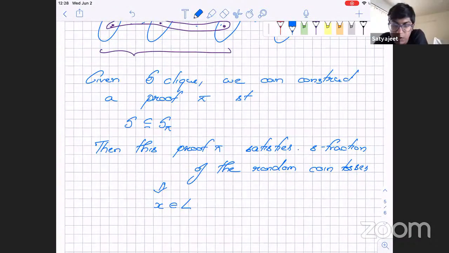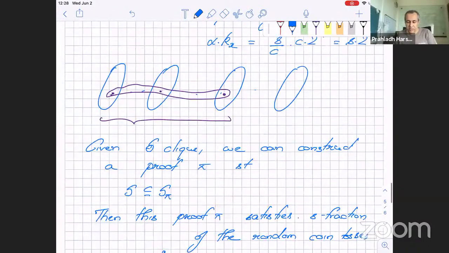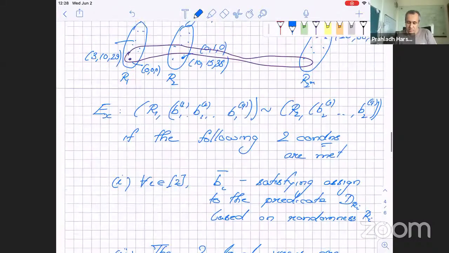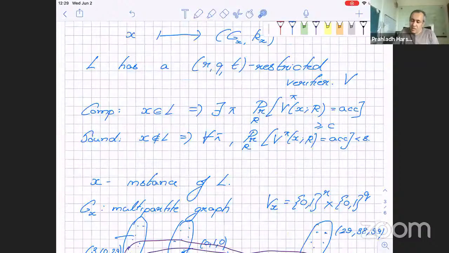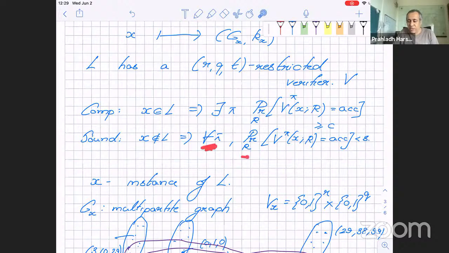Hence, when X belongs to L, what was the size of S? If X belongs to L, we got C. Right now, what have we got? We have managed to get a proof for which this is violated. I found that there exists a proof for which this is greater than or equal to yes.